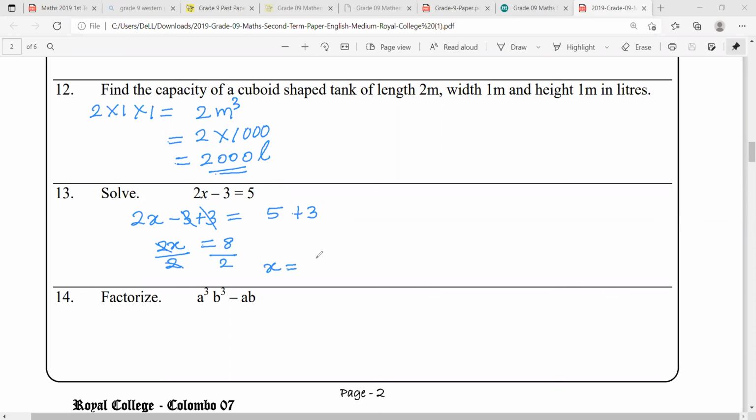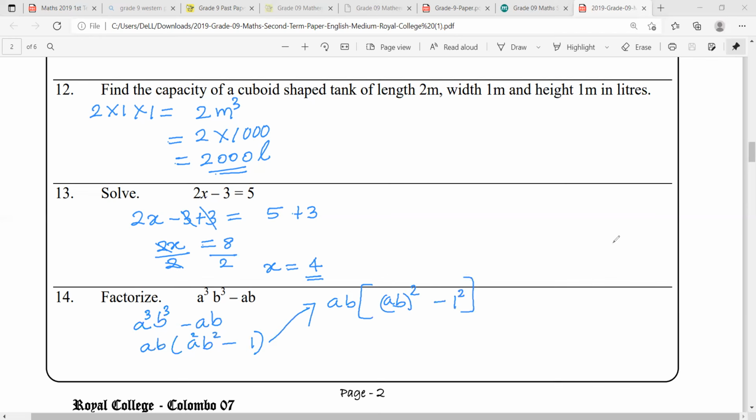a cubed b cubed minus ab. You know ab is common here. You can take ab out, and here you have ab, a squared b squared minus 1, and this one you can write like this: ab times (ab) squared minus 1 squared, because 1 squared is equal to 1.